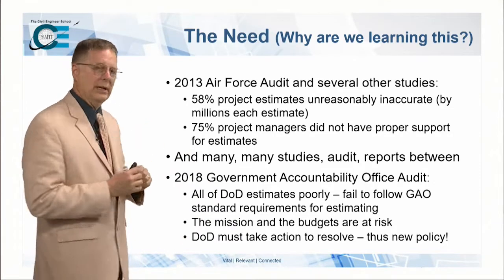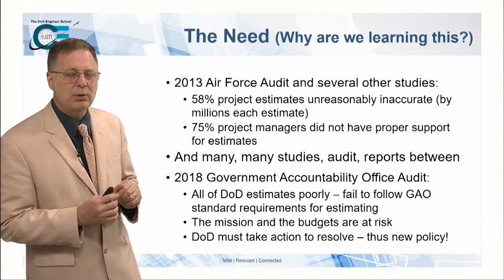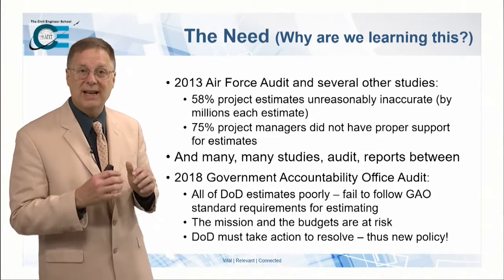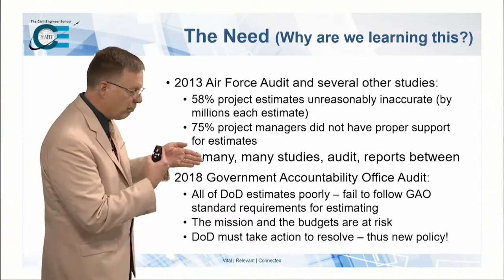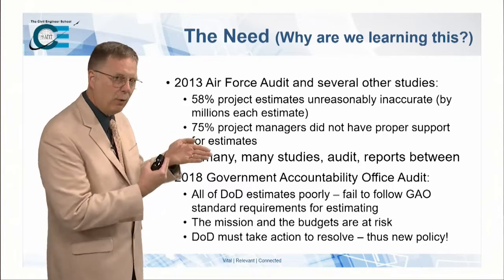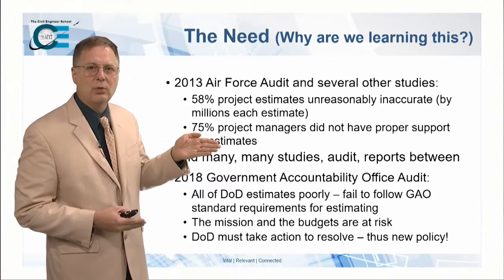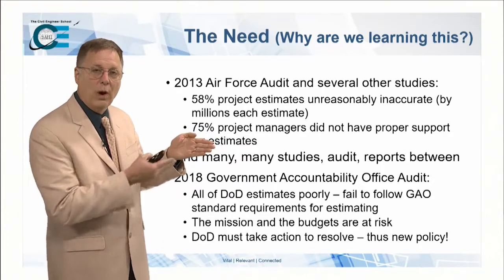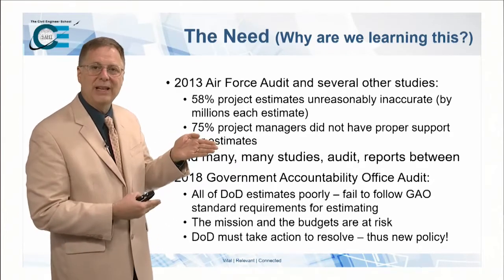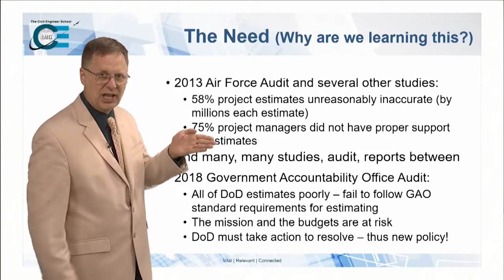And more importantly, 75% of the project managers that we go to and ask, okay, here is your programming form or your DD form 1391 or whatever. Here's what you said the project would cost us. Where did you come up with that estimate? Show me the detailed estimate that delivers that.